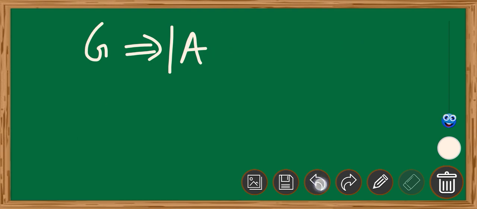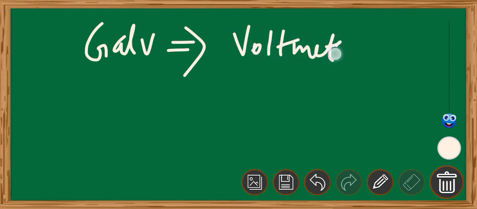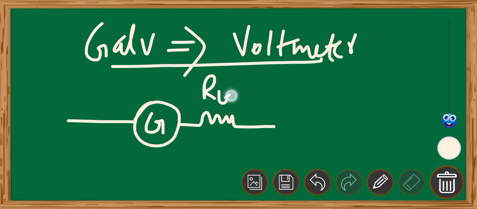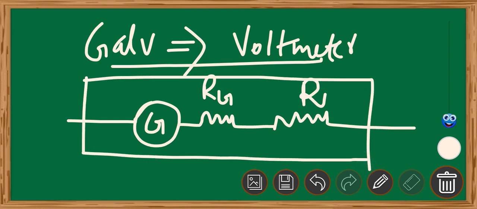Then how can we convert a galvanometer into a voltmeter? That is another topic that we have to discuss. So this is the galvanometer, and this is the galvanometer resistance, and in order to convert this into a voltmeter, just connect a resistance in series with the galvanometer resistance, and the value of this R is very much greater than the galvanometer resistance.